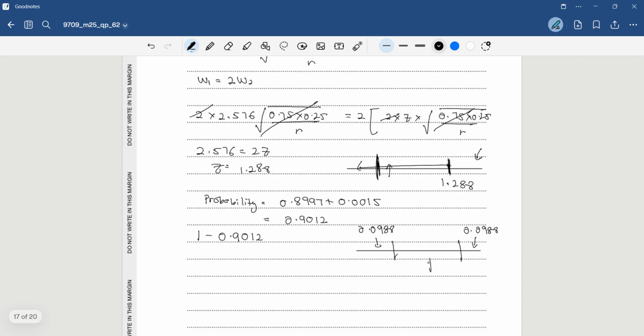Therefore, the center part will be 1 minus 0.0988 minus 0.0988, which is going to be 0.8024. Therefore, my x is equal to 80.24, or you can give 80%, doesn't matter.